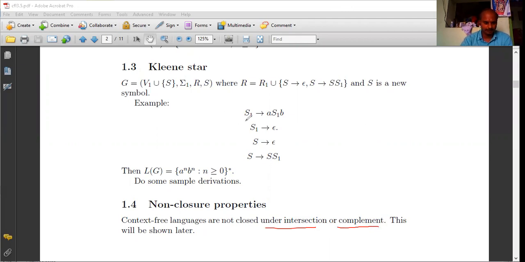Next we are going to discuss the pumping lemma for context-free grammars. As we discussed in regular languages, the pumping lemma is used to prove that a given language is not a regular language. There, we pump a part, that is a substring, in the string.